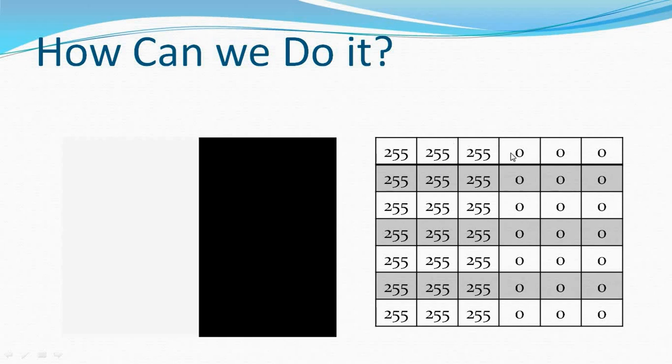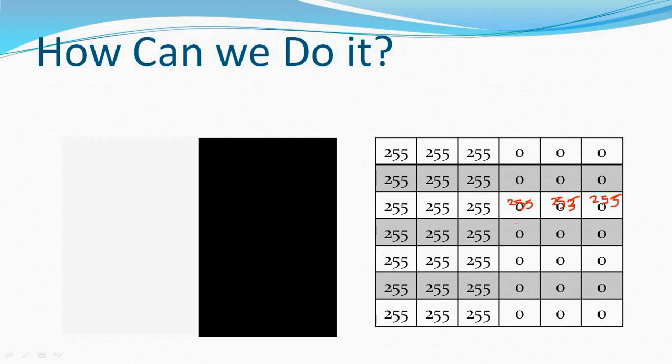If this edge were in the horizontal direction, say here there was a value 255, this is 255, this is 255, then you can see that there is a horizontal edge.